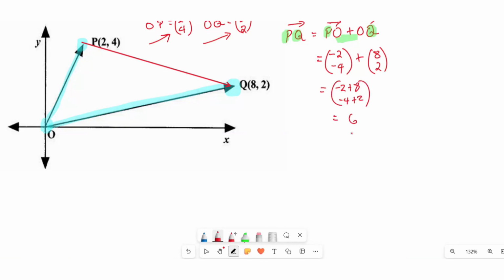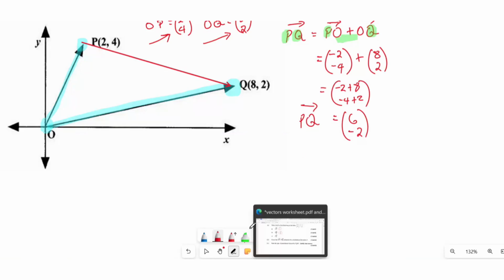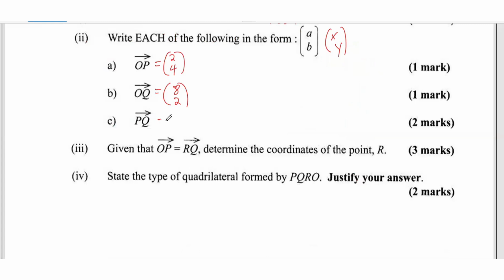We're looking at 6 with a -2. And this is the vector PQ. Remember, do not leave your arrows off. It's very important that we have the arrows on. So that's PQ. It is 6 and -2 right there. And that's the 2 marks.